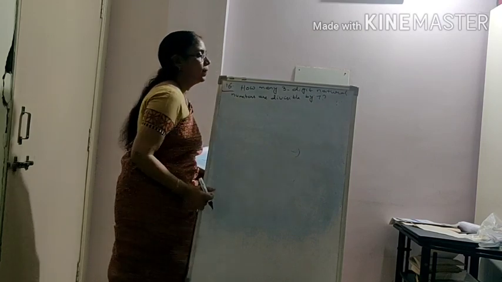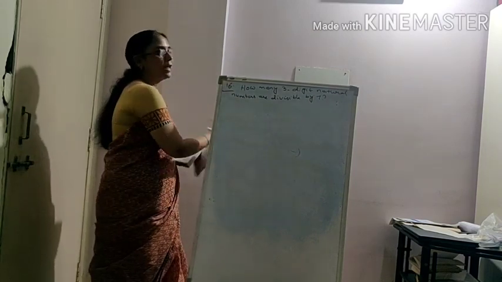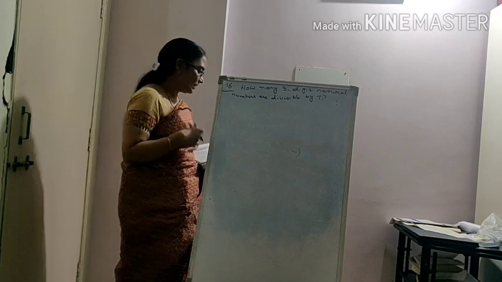This is the question: how many 3-digit natural numbers are divisible by 7?